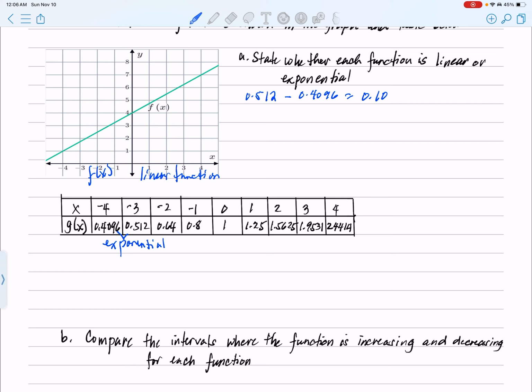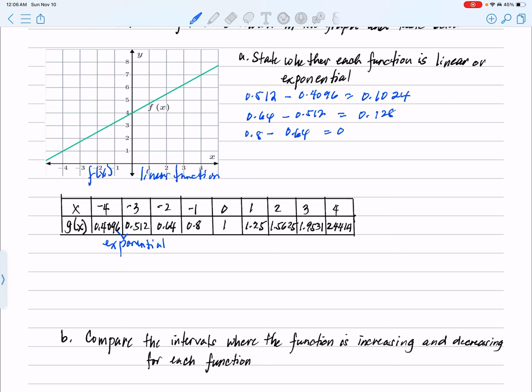If I do 0.64 minus 0.512, I come up with 0.128. I will have to do one more: 0.8 minus 0.64, I'll have 0.16.